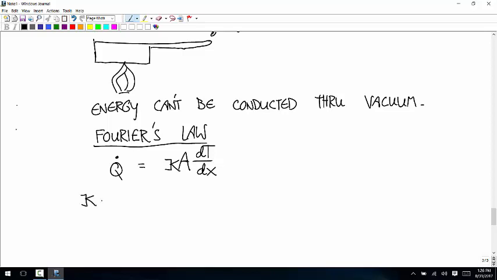Okay, so kappa is a material property called thermal conductivity. You can just Google thermal conductivity of iron or whatever material.